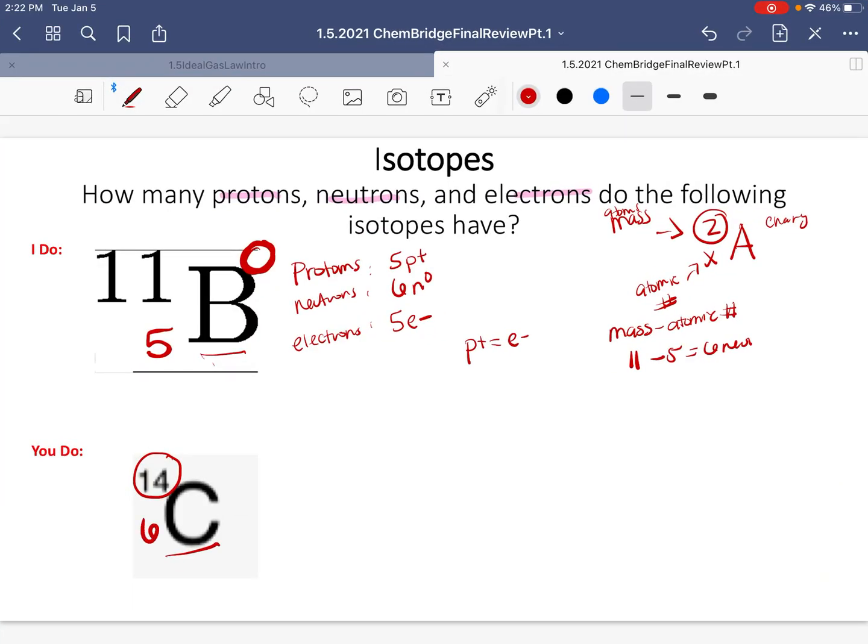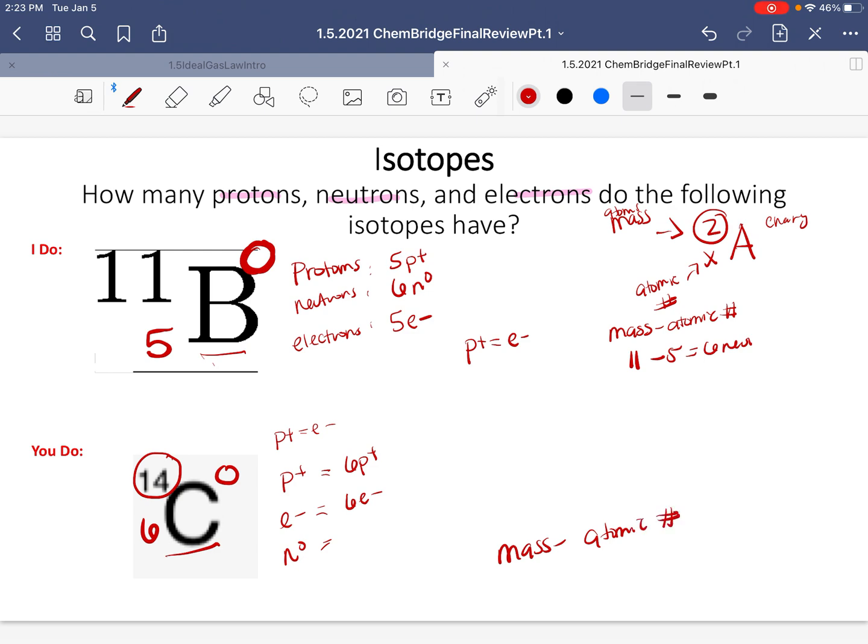And that atomic number helps me a lot. I don't have a charge, so that tells me that my number of protons equals my number of electrons. So protons, electrons, and neutrons. So I have 6 protons, I have 6 electrons, and the number of neutrons again is mass minus atomic number.